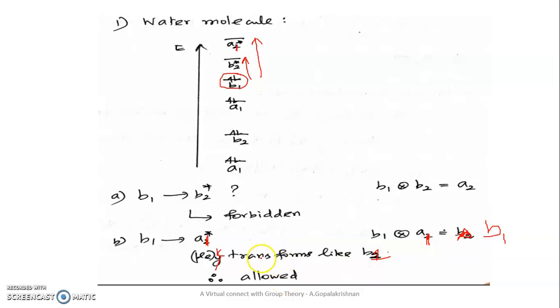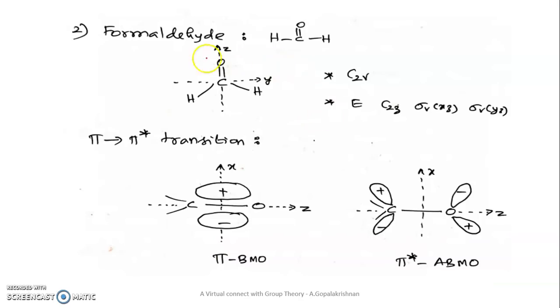Or we can say it in another manner: when you pass radiation, X polarized light is responsible for this transition B1 to A1 star. So it is an X polarized allowed transition. Are you able to follow? Like this you can analyze the other possible transitions, like A1 to B2 star, A1 to A1 star and so on. This is the methodology. Now we'll see the next molecule.